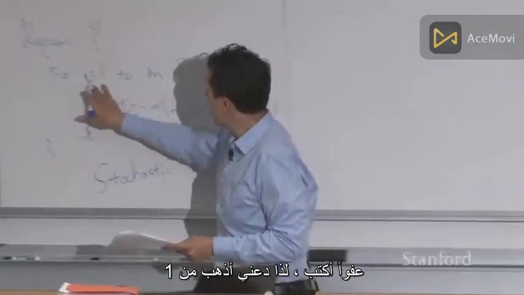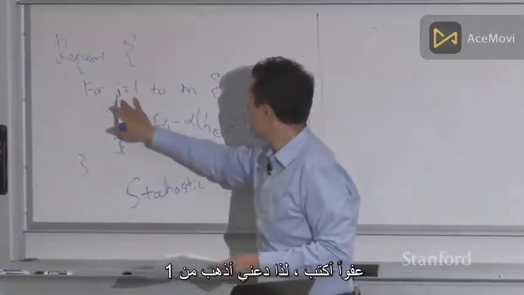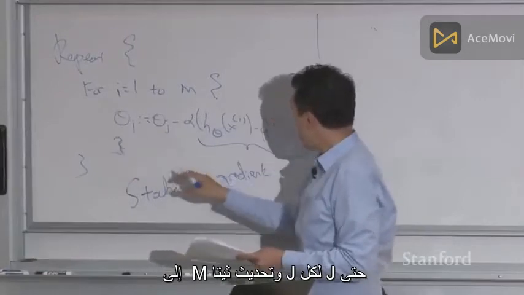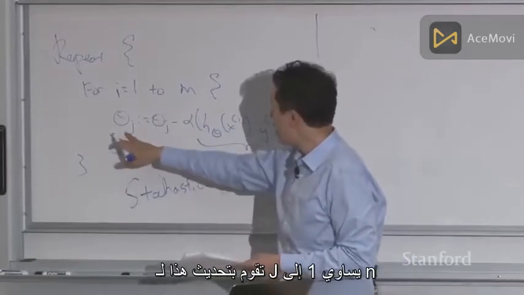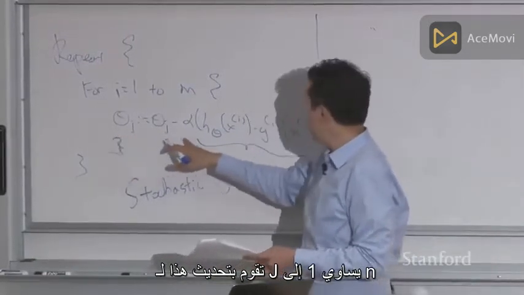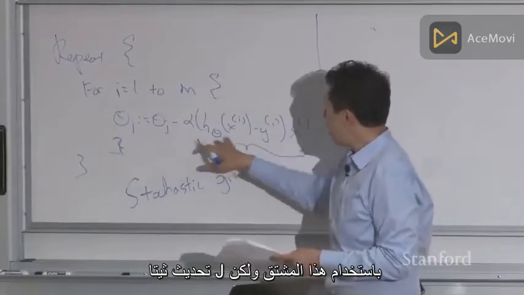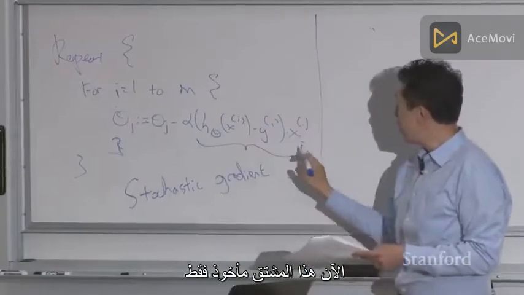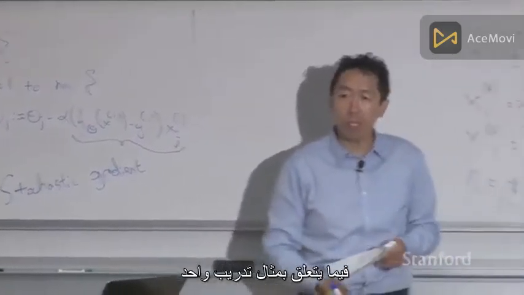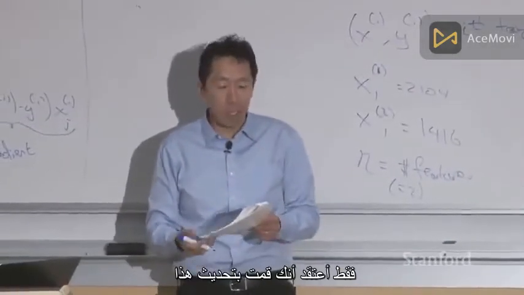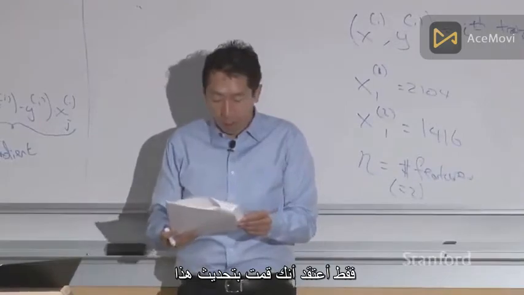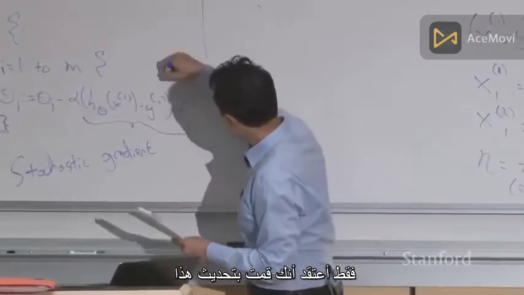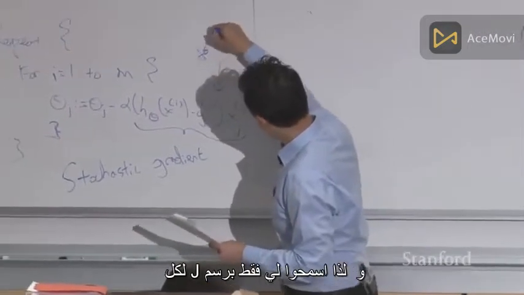So let i go from 1 to m and update theta j for every j, for j equals 1 through n. Update theta j using this derivative, where now this derivative is taken just with respect to one training example, example i.